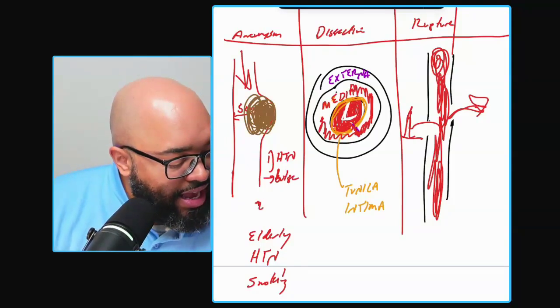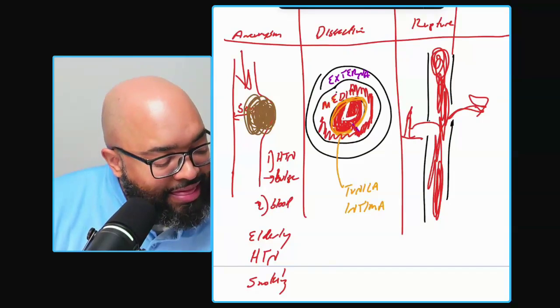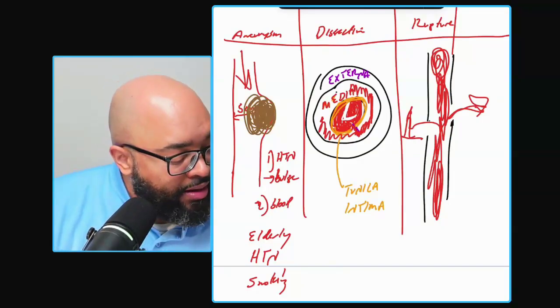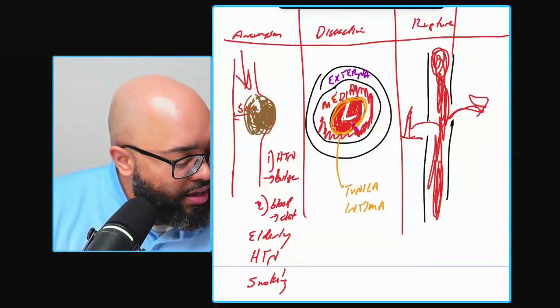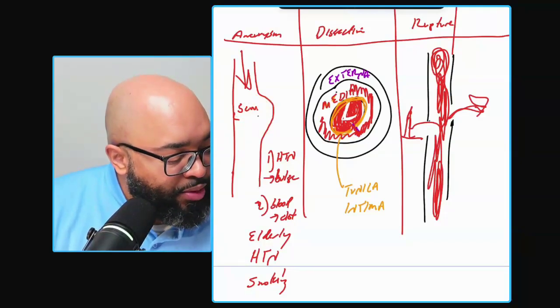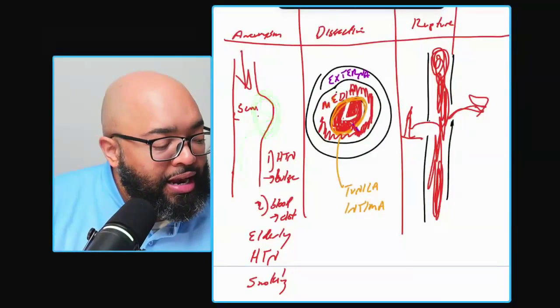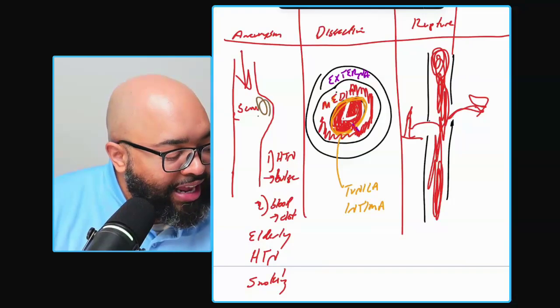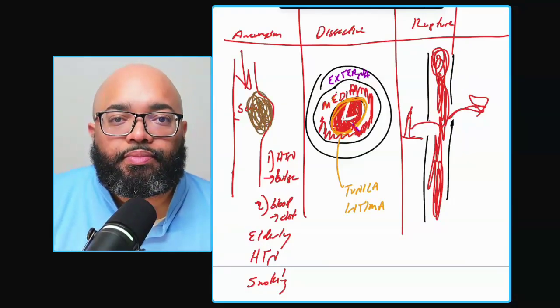Now, something else that can happen is blood can accumulate in that bulge, and that blood can lead to a clot. But the first thing that happens is the pressure that leads to the bulge. But then once you have this pocket, blood can start accumulating in that pocket, and that blood can now form a clot.